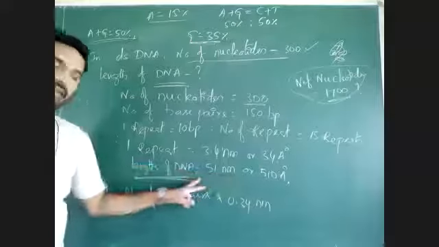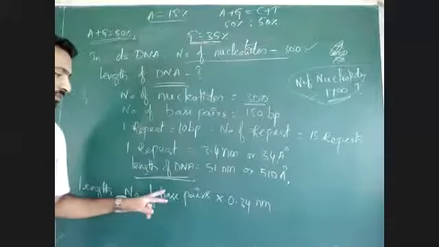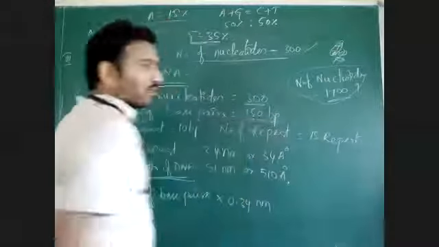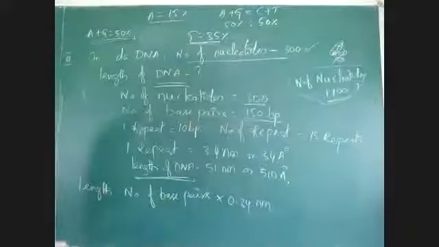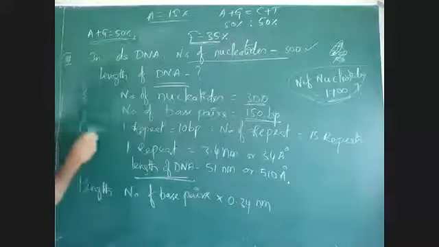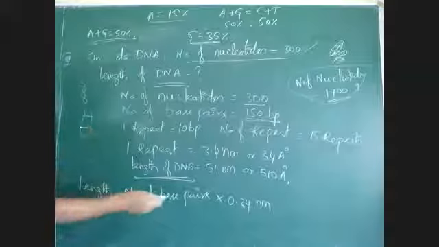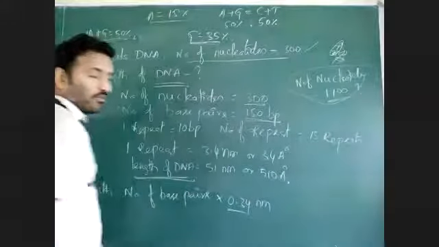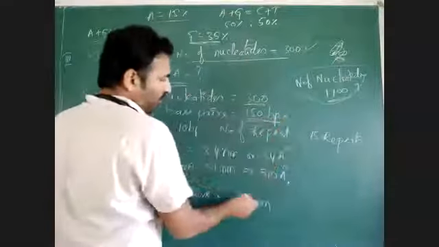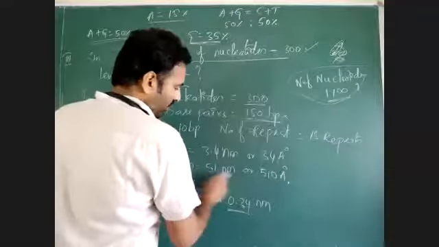That's why I gave you. Otherwise the number of base pairs. See here 150 base pairs we got right. What is the distance between each and every nucleotide? One base pair distance between one base pair to another base pair is 0.34 nanometers or 3.4 angstrom. So 150 into 0.34, same result will come.